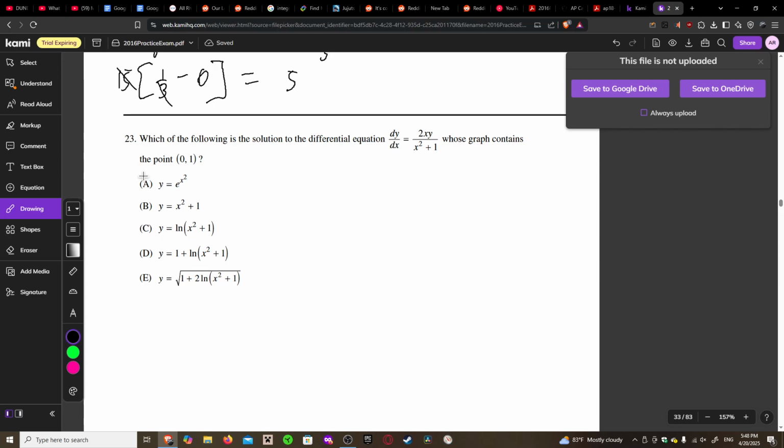Which of the following is a solution to the differential equation dy dx is equal to 2xy over x squared plus 1? That's definitely one.